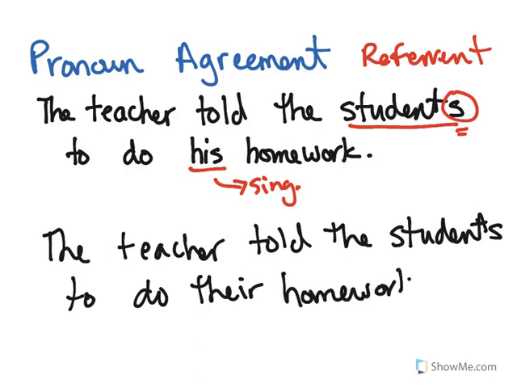Now I have a plural noun, students, and a plural pronoun. I could fix this also by changing the noun. So the teacher told the student to do his homework. So again, now here I've got a singular noun and a singular pronoun to agree.